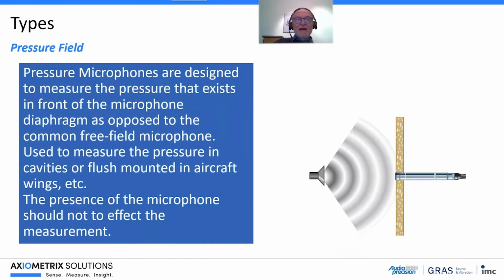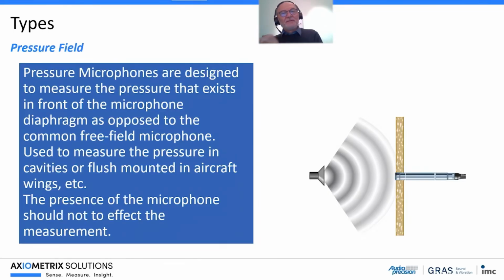A pressure microphone is designed to have a flat response when it is used in a pressure environment. A pressure environment could be a little box, a little cavity, or what we call the near field.